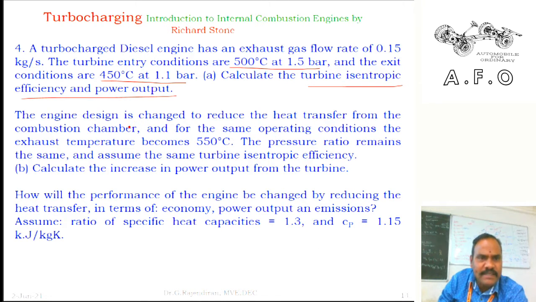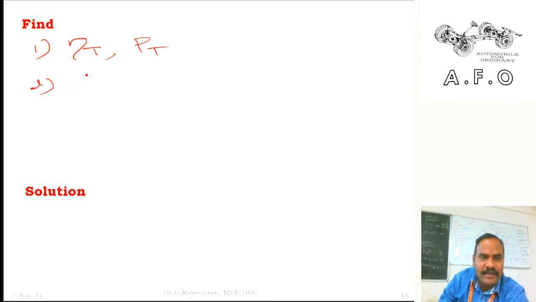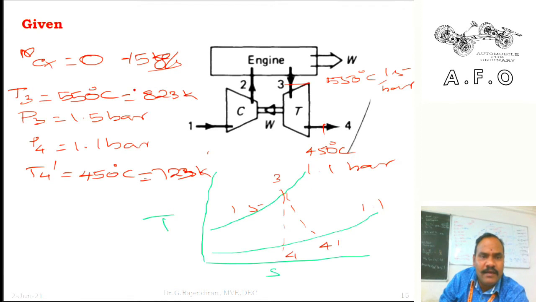Second, the engine design is changed to reduce the heat transfer in the engine. There may be heat loss in the engine, so they designed it to reduce the heat loss. The turbine inlet exhaust temperature becomes 550 degrees centigrade. In this case T3 earlier was 500 degrees centigrade, which is 773 Kelvin.